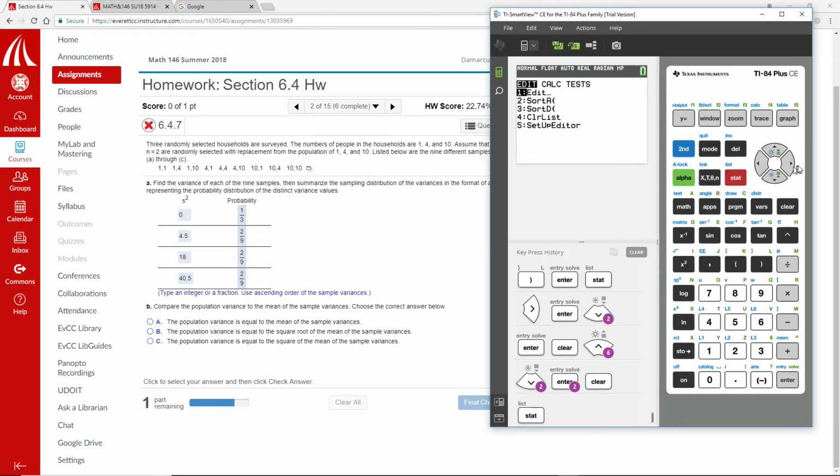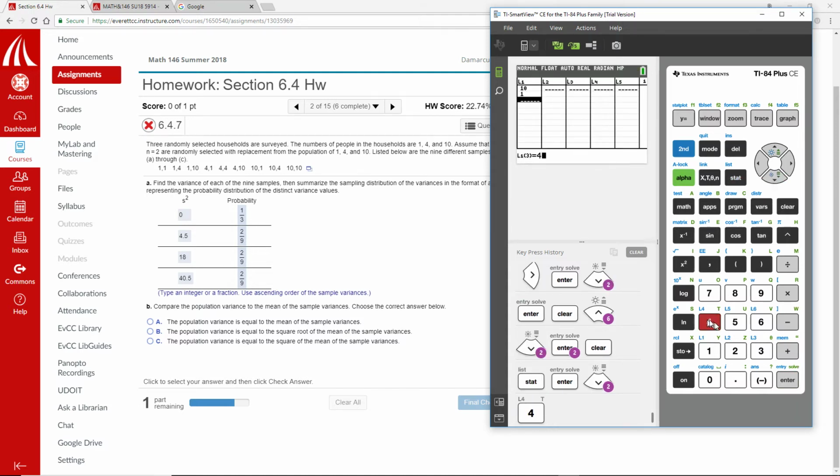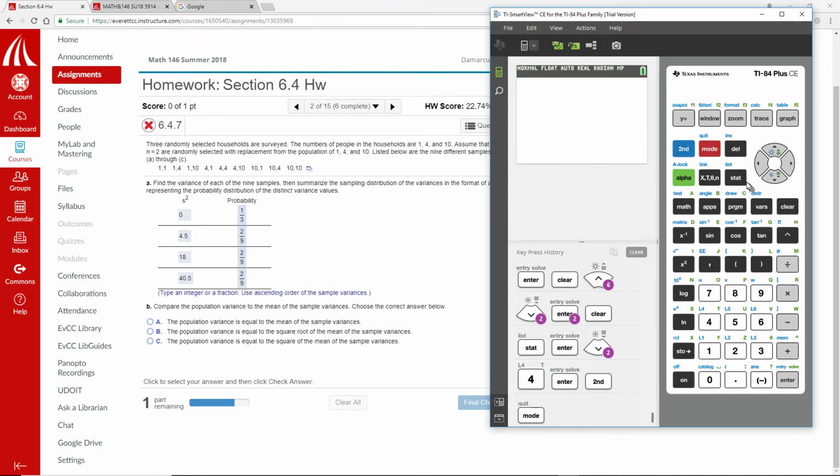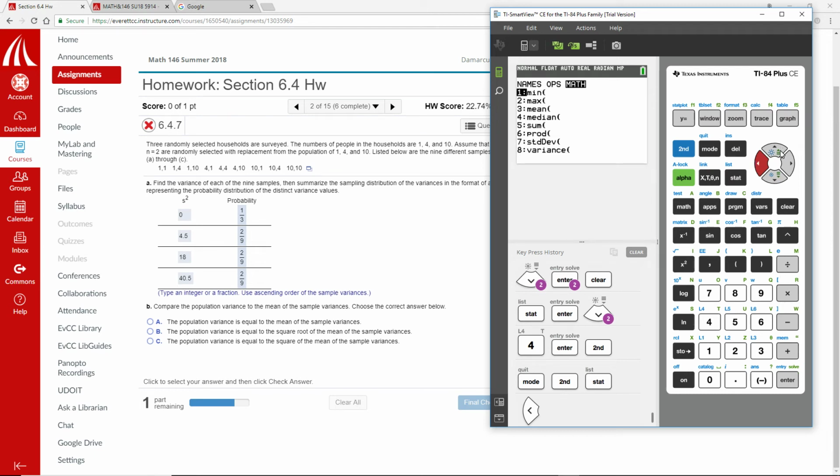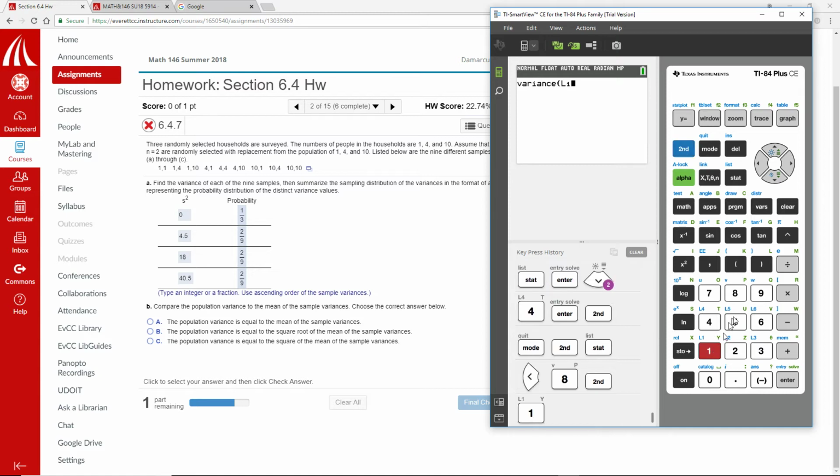If we go into stat, go to edit, and put in 1, 4, and 10, in any order, and then take the variance of it, we got 21. Will we get 21 if we add them all up and divide by 9?